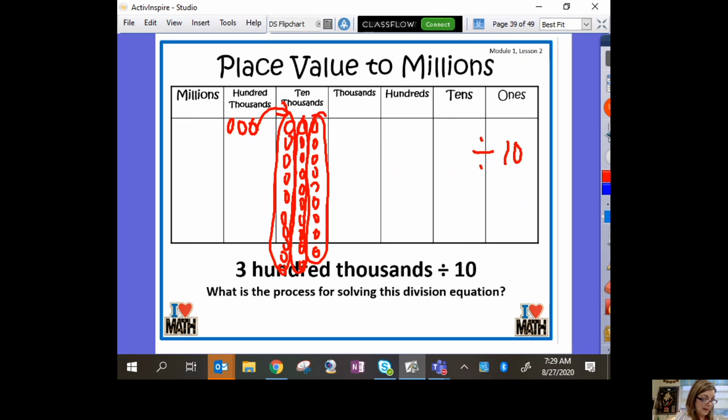So if I wanted to write this equation, I could say that 300,000s divided by 10 equals 10, 20, 30 10,000s, which also equals, what did we start with right here? 3 10,000s.